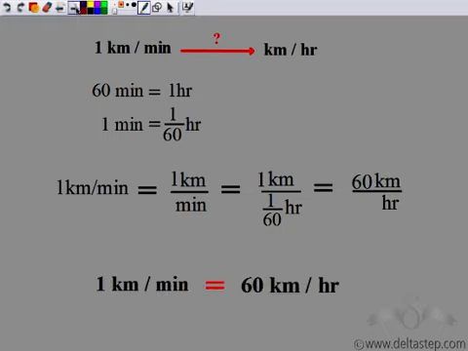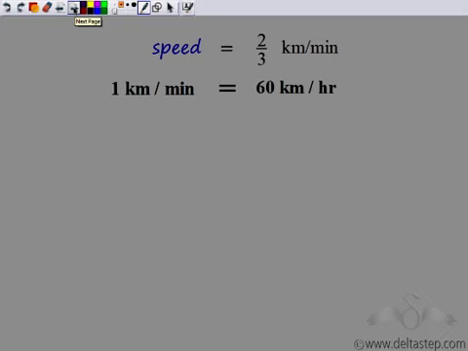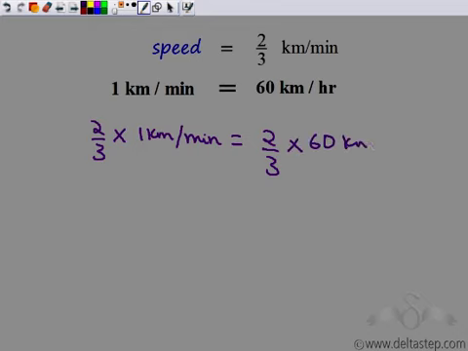Now we had to convert the speed which Rohit had found, which was 2 by 3 kilometers per minute. I want to convert this into kilometers per hour. Now I know 1 kilometer per minute gives me 60 kilometers per hour. So 2 by 3 of 1 kilometer per minute would be equal to 2 by 3 times 60 kilometers per hour. All I have done is multiplied both the sides by 2 by 3.